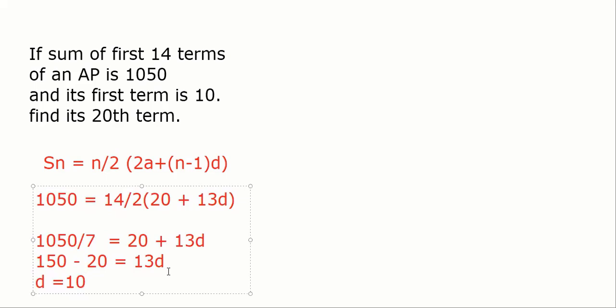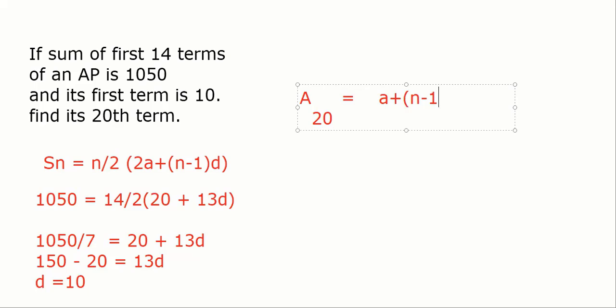Yes, sir. If you get d equal to 10, you can easily find the 20th term the same way which we did. So a20 equals a plus n minus 1 d. Substitute the values of a and d. You will get the same answer again.